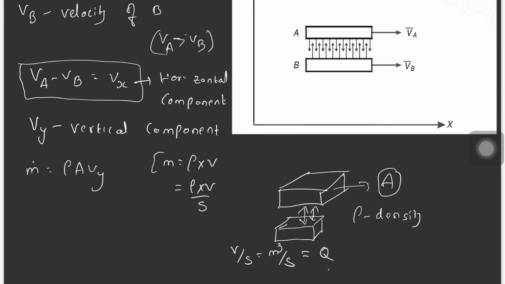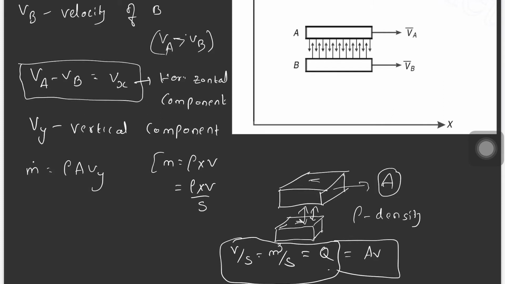You know, meter cube per second is the unit of Q, discharge. So what can we write discharge as? A into V, that we are writing here. A into V is in vertical direction, the transfer of mass is rho A Vy. Okay, here A is the perpendicular surface area, this top area, whatever is the area, that is the A here.